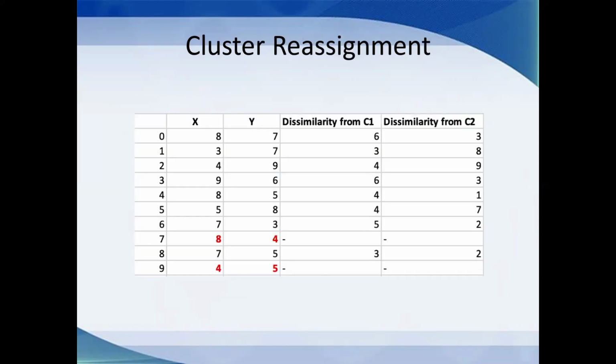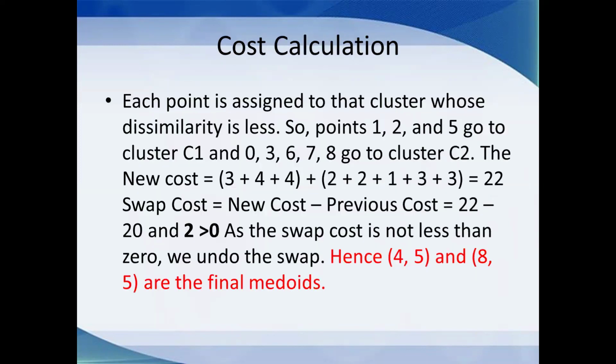The cost of the first formation is 20. Now we select 2 other random points as the Medoids, and we find the distance between the new Medoids and the other non-Medoid points. Then they again form the groups. Now points 1, 2, and 5 go to the first cluster, and points 0, 3, 6, 7, and 8 go to the second cluster.